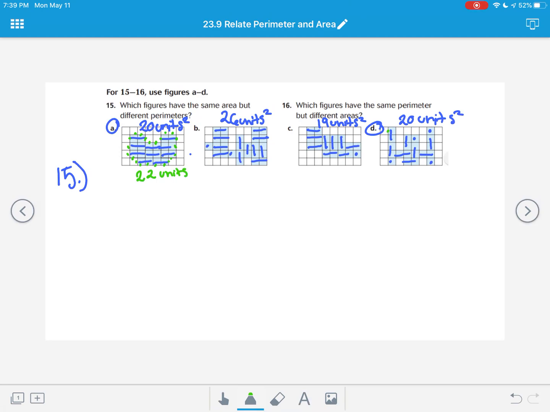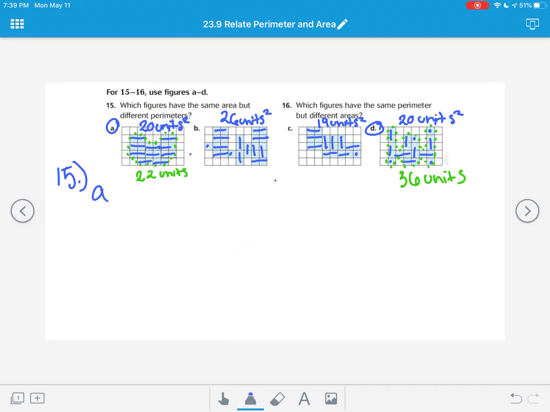So I got to get all of those side lengths. 1, 2, 3, 4, 5, 6, 7, 8, 9, 10, 11, 12, 13, 14, 15, 16, 17, 18, 19, 20, 21, 22, 23, 24, 25, 26, 27, 28, 29, 30, 31, 32, 33, 34, 35, 36. Wow, much bigger perimeter. 36 units for D.